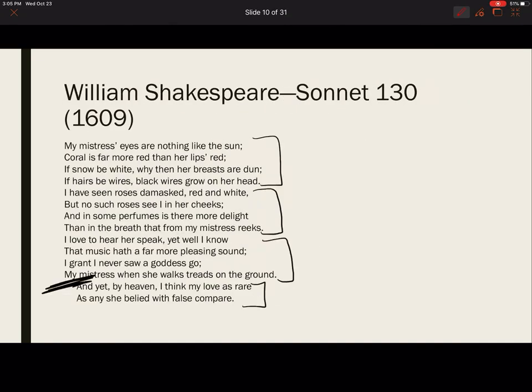So I'm just going to skip back to Shakespeare and show you this, okay? My mistress' eyes are nothing like the sun, okay? This is just how iambic pentameter looks. It's five feet of iambs that go like that, okay? Unstressed, stressed.